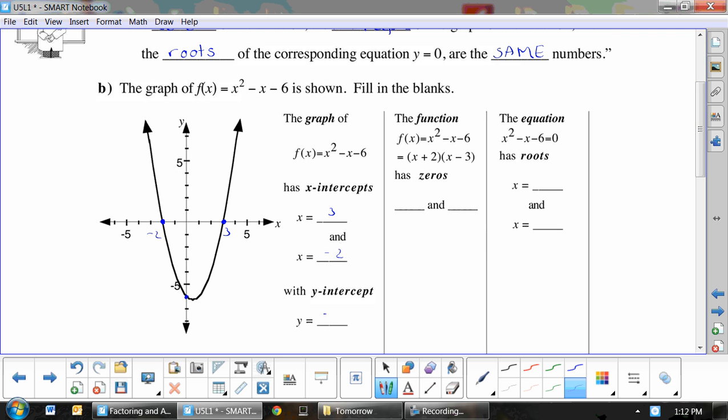Negative 6. Perfect. Okay, so now that's of the graph. If we look at just the function, we know that finding the zeros of the function is just like factoring it like an equation, right? So we would find these are the 2 factors, and that would give us that zeros are negative 2 and 3.